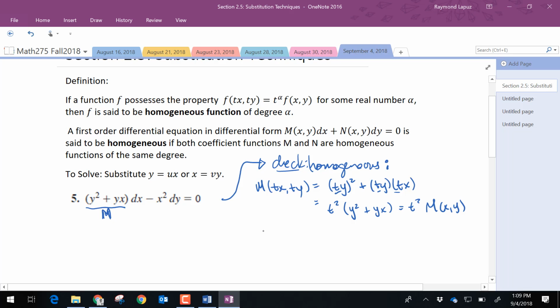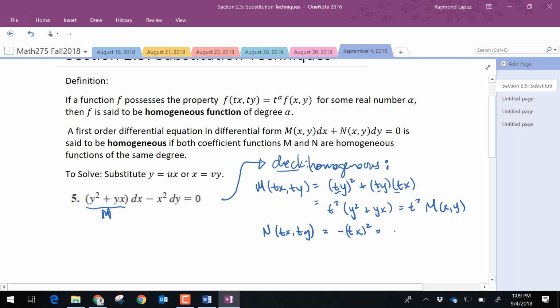So that's one of them. And the second one, we'll do the same thing, and we will hope that we're going to get a t squared factoring out as well. So we have a minus tx. Now be careful with your parentheses, because the minus sign is acting on the outside, and then the x squared is going to take whatever is in for x and square it. So tx is what we're replacing in for x. And there's no y's here, so we don't need to worry about that.